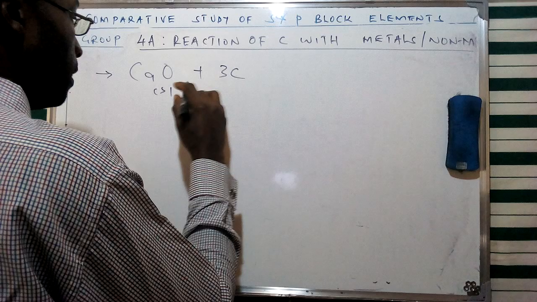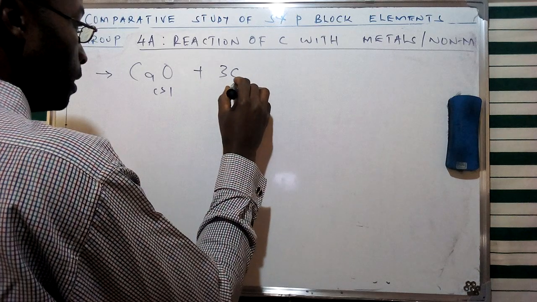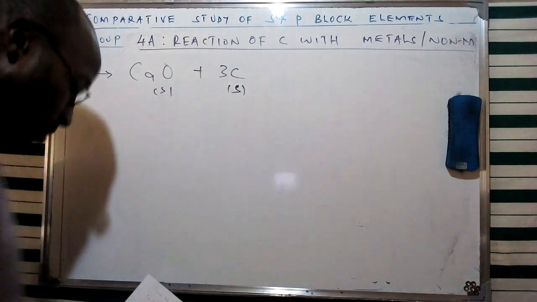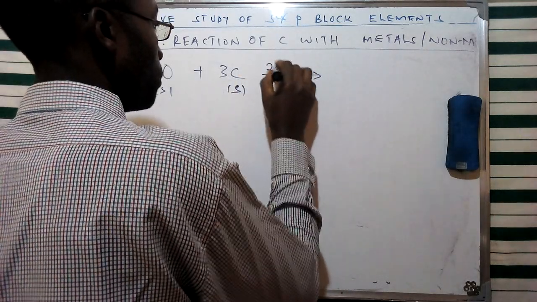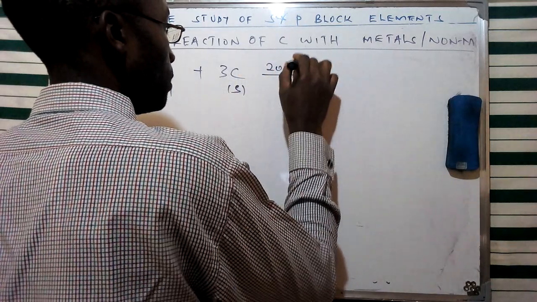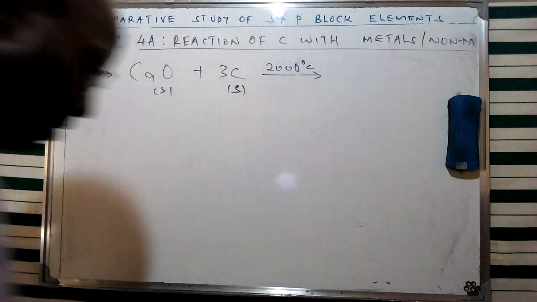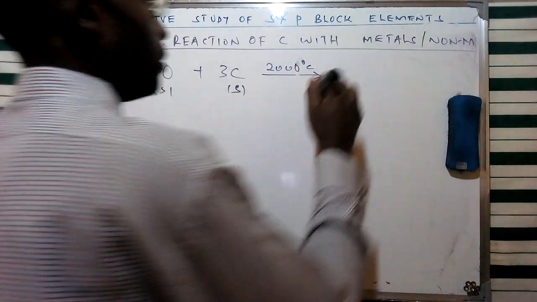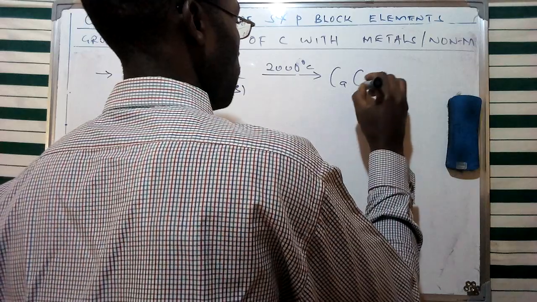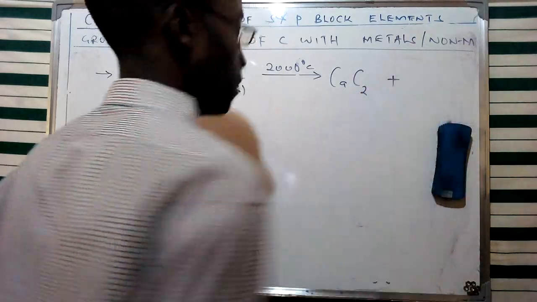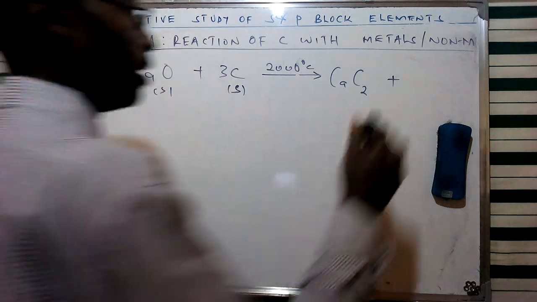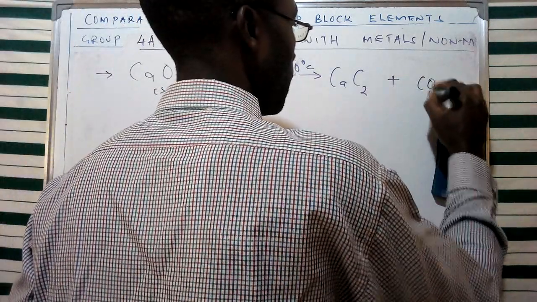So this calcium oxide reacting with the carbon is going to occur at a high temperature, 2000 degrees Celsius. This will lead to the formation of a product of a metal and carbon, calcium carbide, and also the formation of carbon monoxide gas.